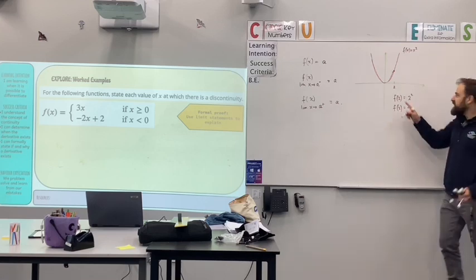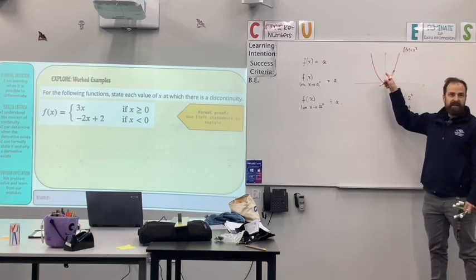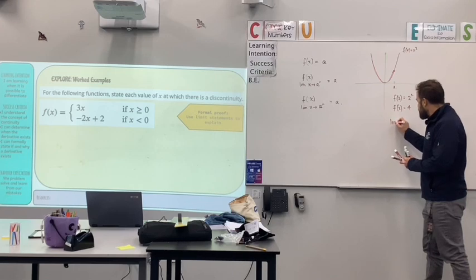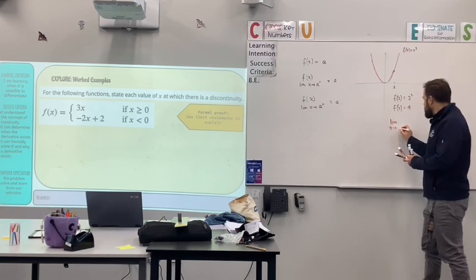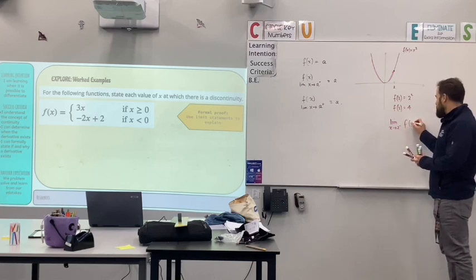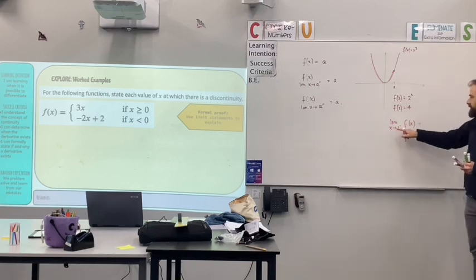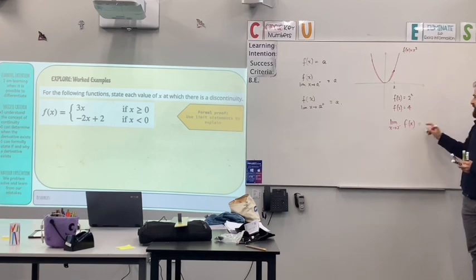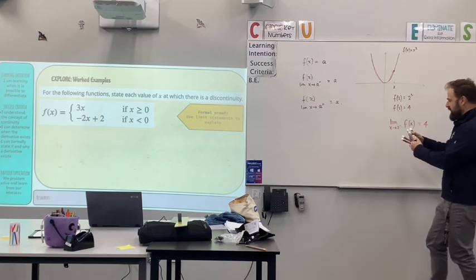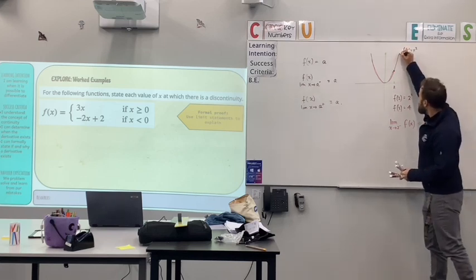Yes, it is. We can see it's actually going to that point. So we can say the limit as x approaches 2 from the negative side of f of x is also equal to 4. Seems pretty stock standard, self-explanatory. And then same, if we now find the limit from the right-hand side.